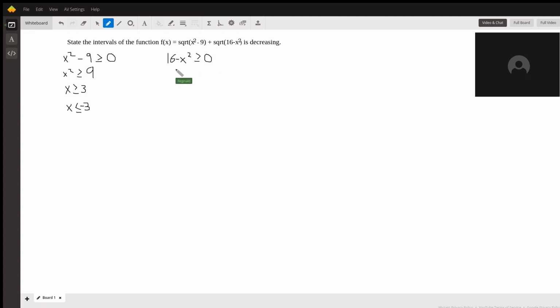So I'm going to add x squared to both sides. Very similar to over here. Square root both sides, we get 4. So 4 is greater than or equal to x. Or, well, I should say, and negative 4 is less than or equal to x.